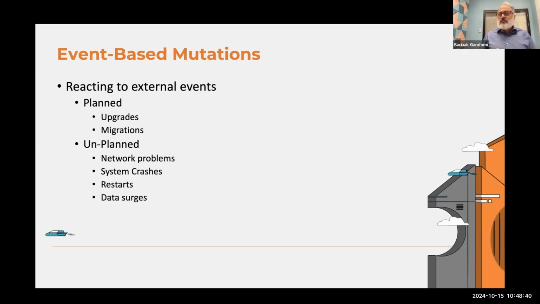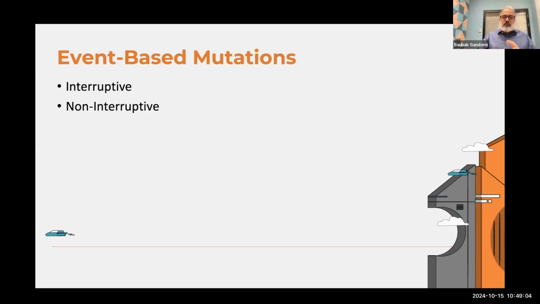Events could be of many different types. A lot of them are planned, like what we were trying to solve, upgrades and migrations, but a lot of them are unplanned as well. Some are network problems, system crashes. These are unplanned events. We want to make sure that the scenario works as before, that we're robust and resilient.